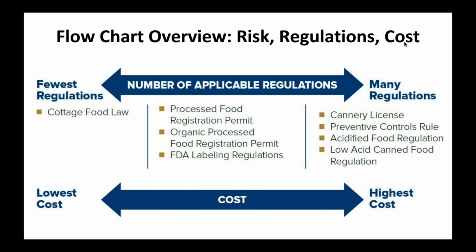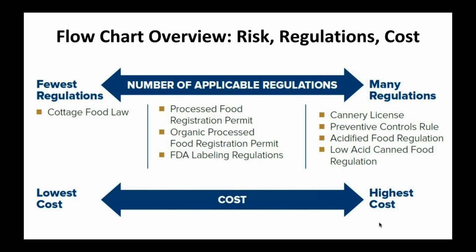So you would have to follow those FDA labeling requirements. There's also a new FDA regulation, the Food Safety Modernization Act, which Kaylee's going to talk about in a little bit, and that might apply to your business. However, there are some exemptions based on the size of your business.